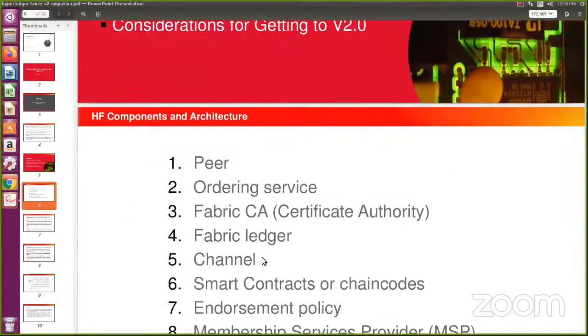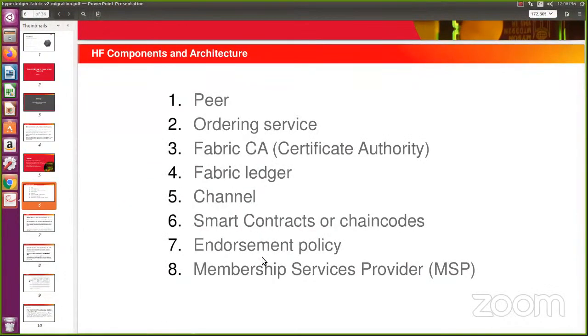Well, so the major components of Hyperledger Fabric are as follows: peers, ordering service, and, I'll talk about some of these items in more detail in coming slides, it's just very high level.